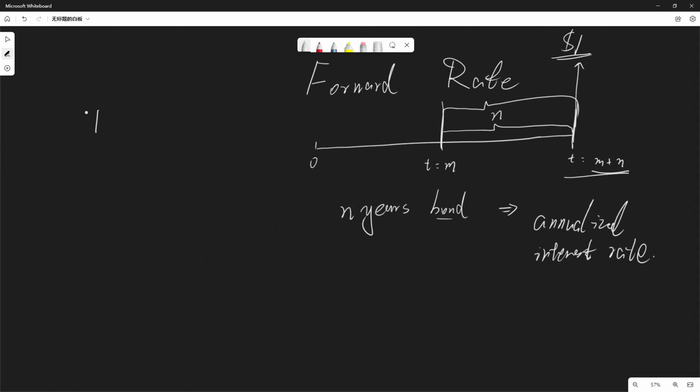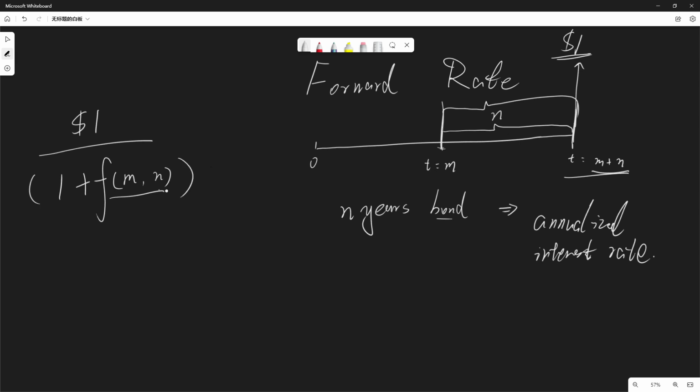So I'm going to discount that $1 back to the time m, right? 1 plus the annualized interest rate, and of course that annualized interest rate, we give it a name, say f, starting at the time m, ending at time m plus n. That is the annualized rate.